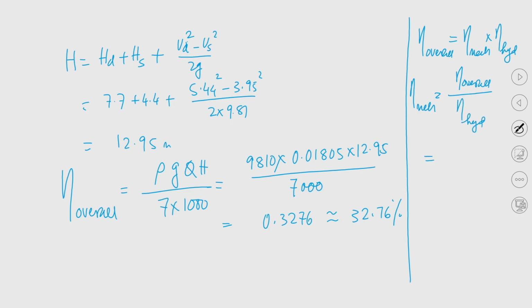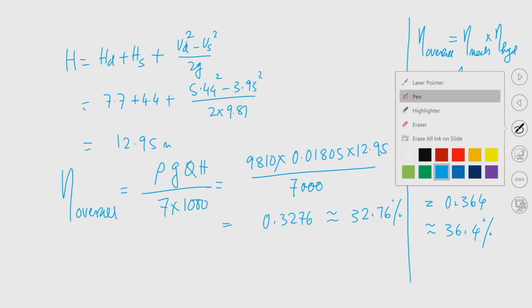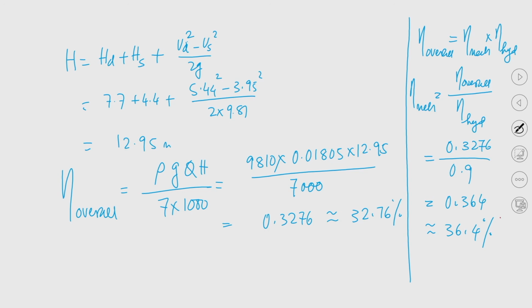It is 0.3276 divided by eta hydraulic, which is given as 0.9. If we calculate it, it comes to 0.364, that is 36.4%. If I mark it using red color, this is one answer and this is another answer.